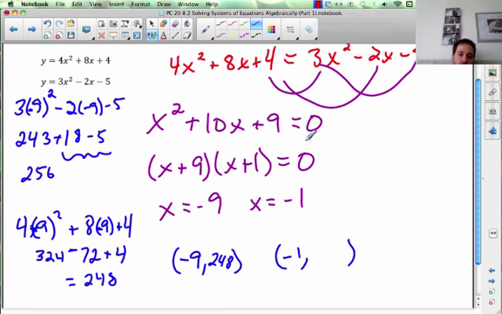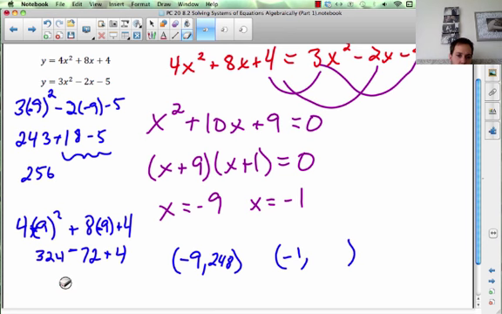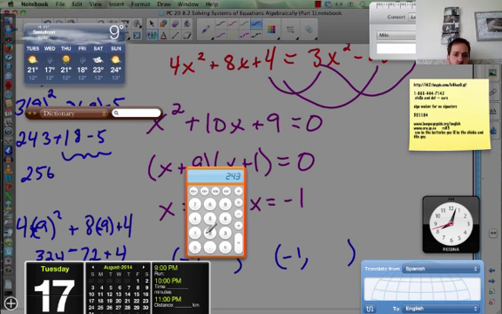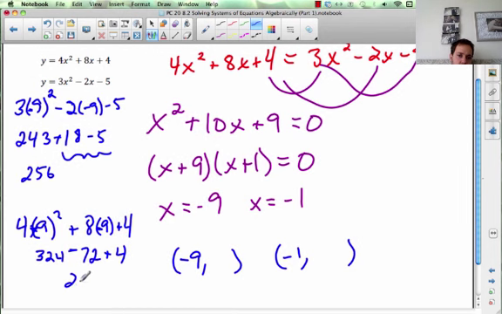Alright, I see what went wrong here. This right here. Third time's a charm, I hope. 324 plus 4 is 328. I subtracted 4 last time. So 328 minus 72 is 256. Okay.